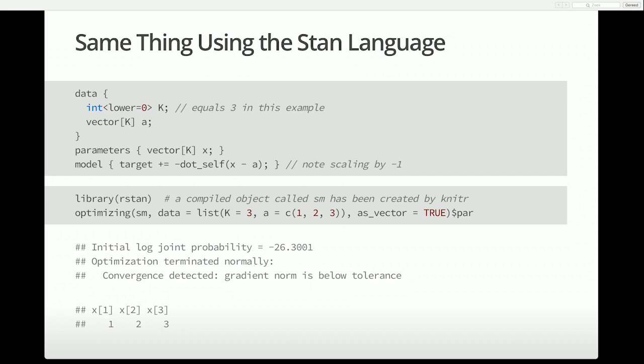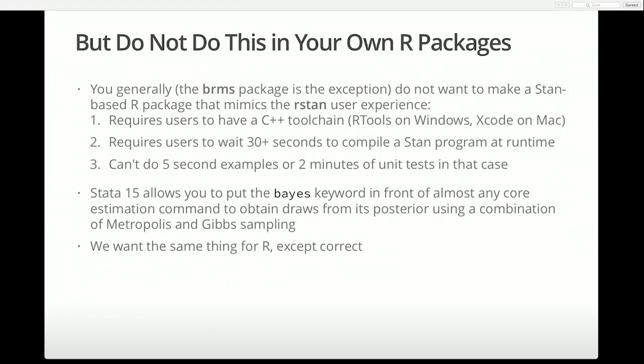And obviously, you can do more complicated optimization problems than this, but when you do so, you don't have to worry about the derivatives. But you don't actually want to do that. Generally speaking, if you want to build your R package, Paul's going to talk next about brms, which is the exception, you don't want to replicate the Stan user experience that someone has when they're just typing at the keyboard.